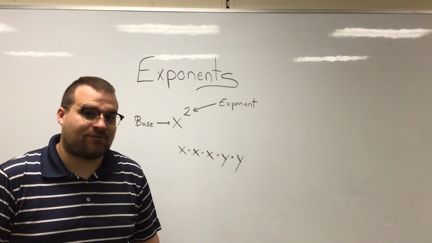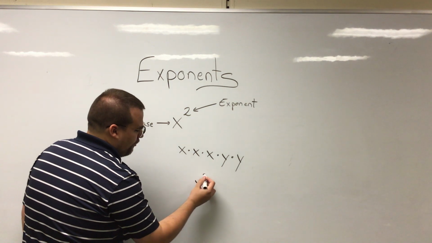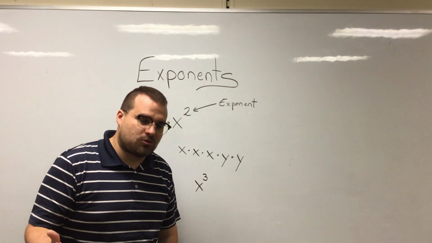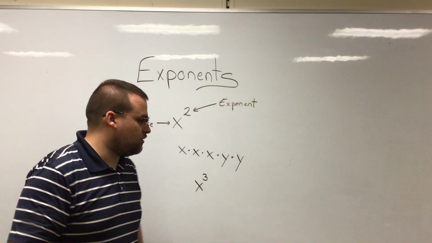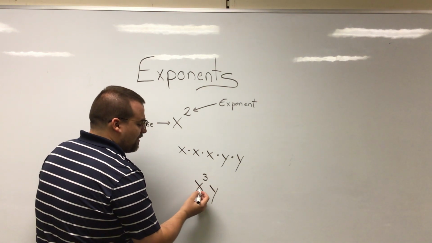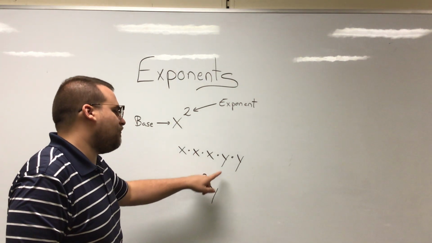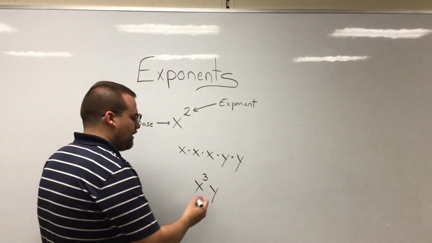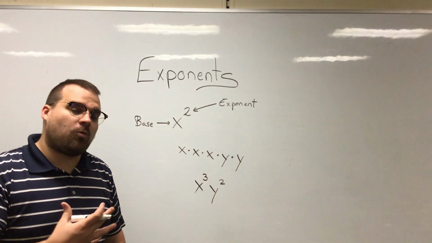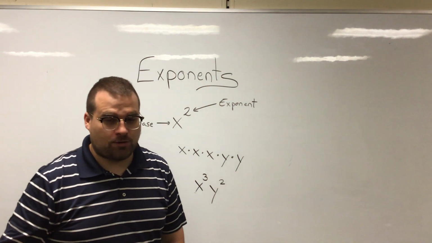How many x's do we have there multiplying? Well, we have 3, right? So that would be x to the 3rd. x times x times x. Do we have any other variables multiplying themselves? We do. We have a couple of y's here. So we had a base of x, and it was multiplying 3 times. And now we can have a base of y, and how many times is it multiplying? 2. Exactly. So that works the exact same way as it would with regular old whole numbers.